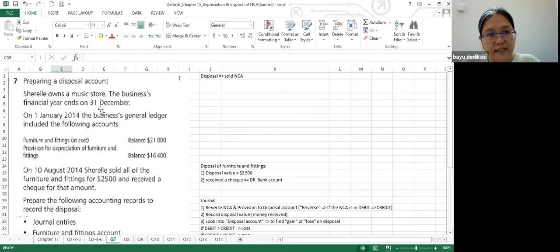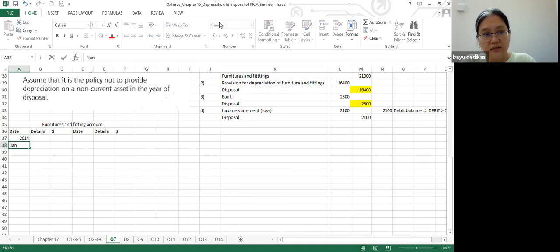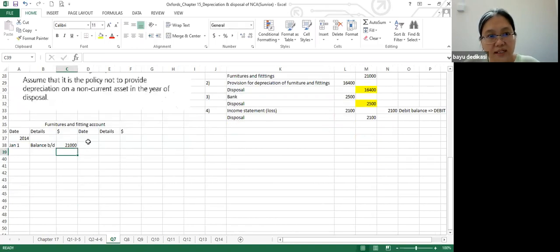This financial year ends on 31st, so on 1st Jan 2014 this is the beginning of the year. So put 2014, January 1st, balance brought down. The amount is 21,000.